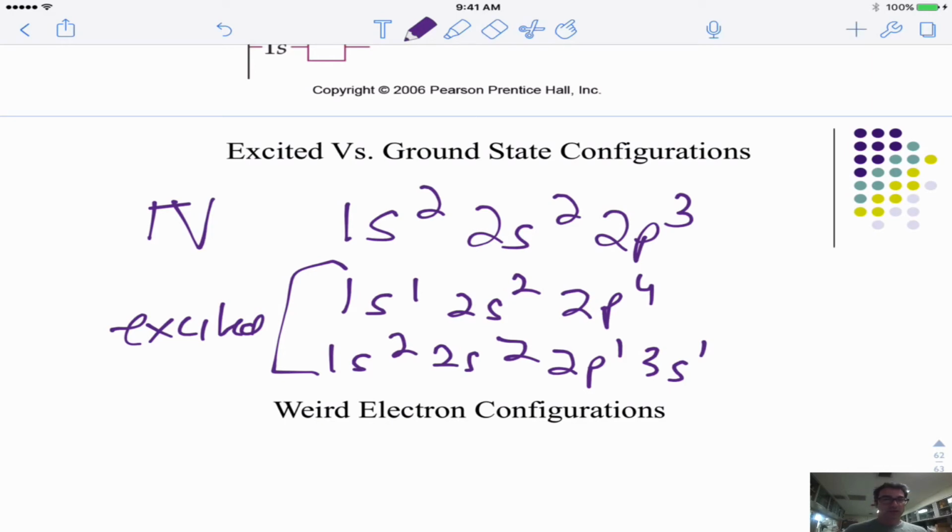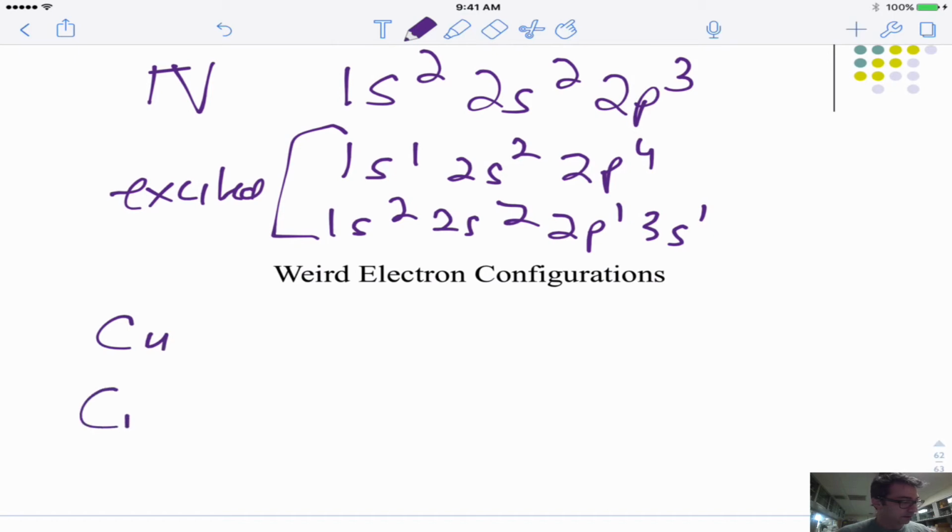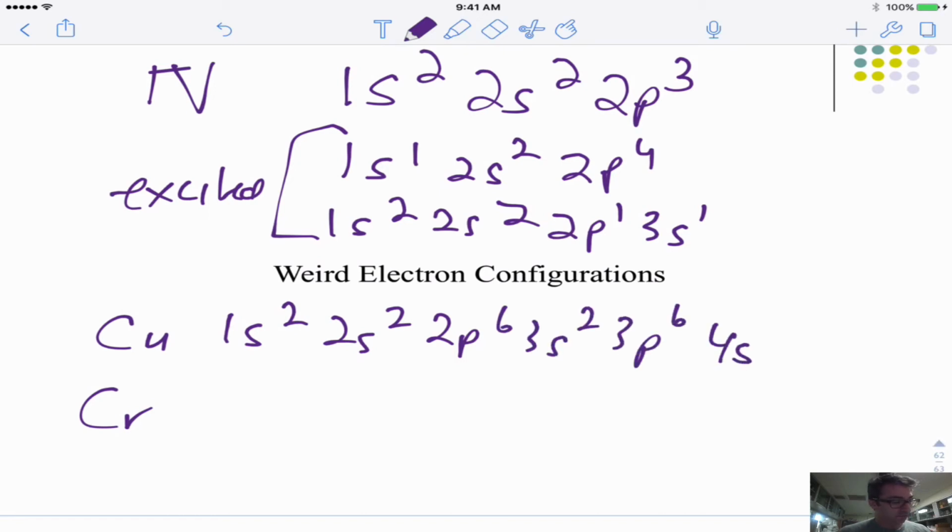Okay, so some of the weird configurations that you're going to see, the main ones that I want to talk to you about are copper and chromium. So copper should be 1s2, 2s2, 2p6, 3s2, 3p6. It should go 4s2, 3d9.